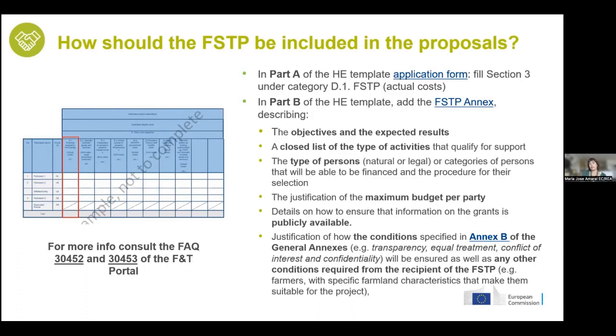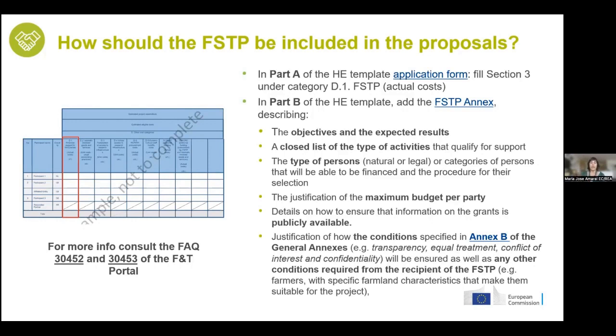And in part B, you need to include the annex where you should describe the objectives and expected results for this specific support, the activities, what type of persons can benefit, how much each person, natural or legal, categories of persons would receive, and how the data will be made publicly available, and comply with a series of conditions on transparency, equal treatment, conflict of interest, and confidentiality, which are required for any recipient of financial support to third parties.